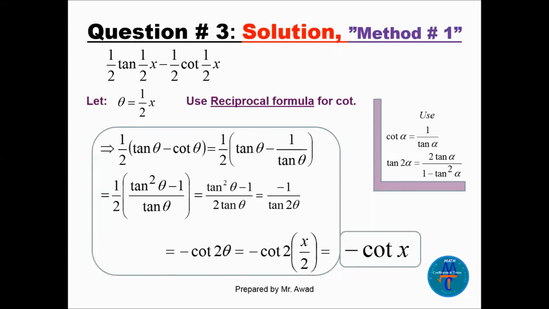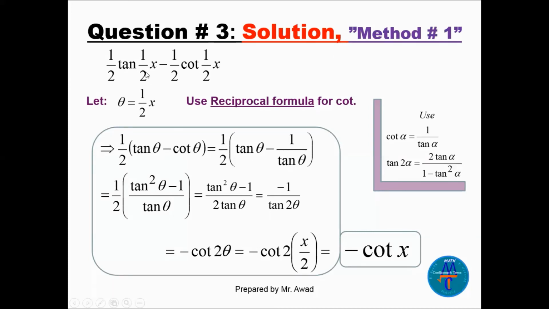Let's see, method number 1. This is the given here: half tan half x minus half cotan. Let me make it simple and take the argument, let theta be equal to half x. So this half x, I make it theta. I leave the half as a common factor. So half bracket tan theta minus cotan theta. You see that? Just make it simple.